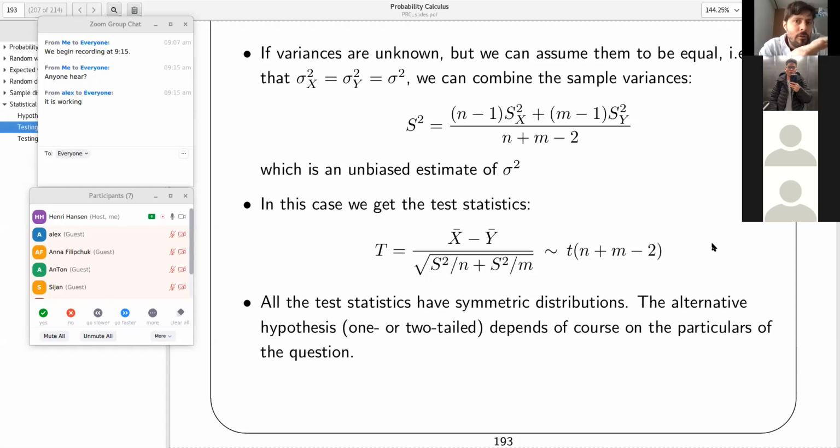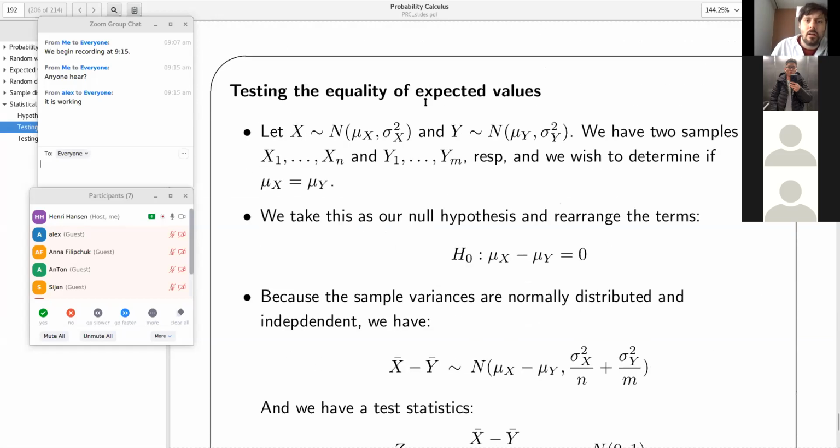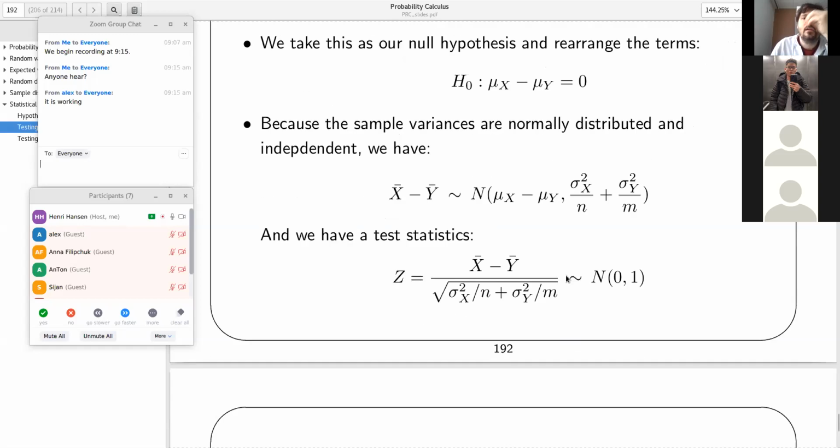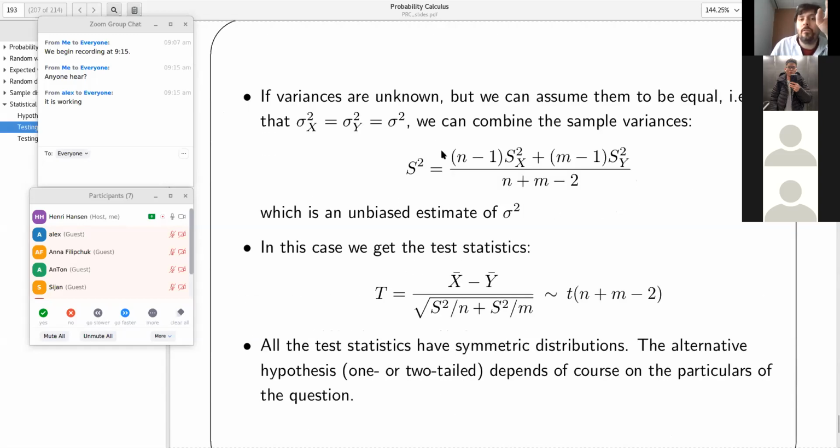So here's a warning for you and something to understand. When we make these assumptions, there were heavy assumptions here. For instance, in one part, we assumed that when we are testing for expected values, the variances are known. In that case, we can calculate the test statistic pretty directly. In the other case, we didn't know the variances, but we assumed that they are equal, in which case we can use the information from both of these and combine them in such a way to get the t statistic.